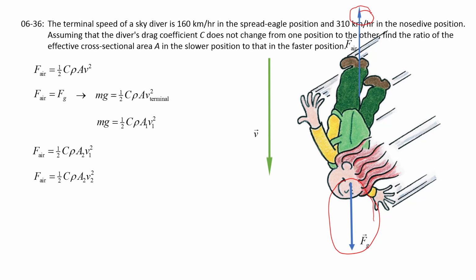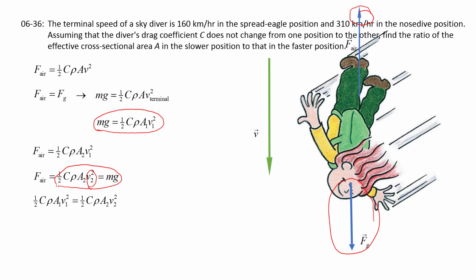So for the second case, we reach a new velocity v2, which corresponds to the area A2, and again the air resistance force is equal to mg. Now we have the original cross-sectional area and velocity combining to equal the gravitational force, and the new cross-sectional area and new velocity are also equal to mg.